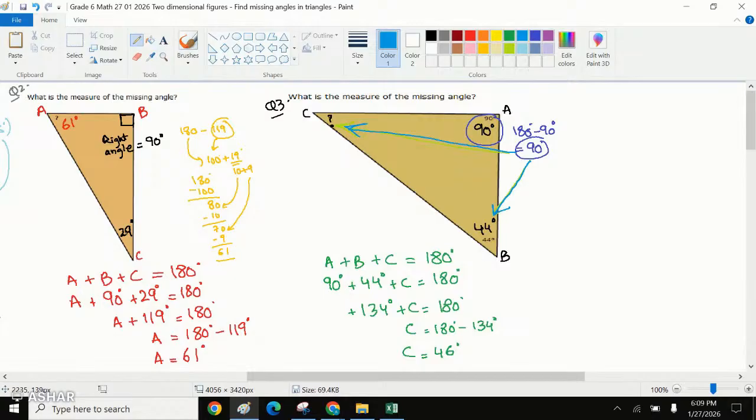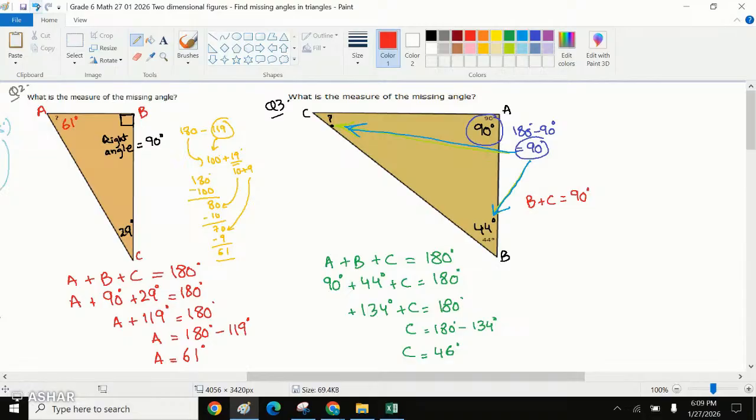So what I can also say is, if only one of the angles is 90, then B plus C should be equal to 90, right? Because angle A is already 90. No, it says 46. Because this is 134, right?